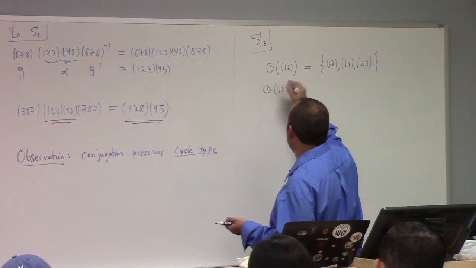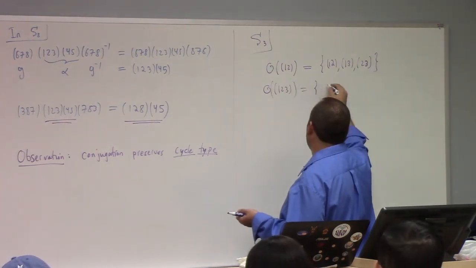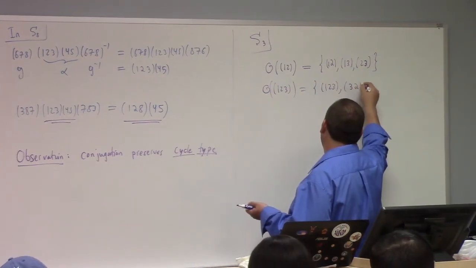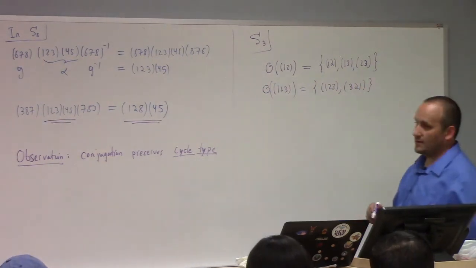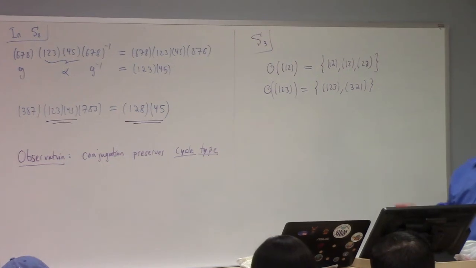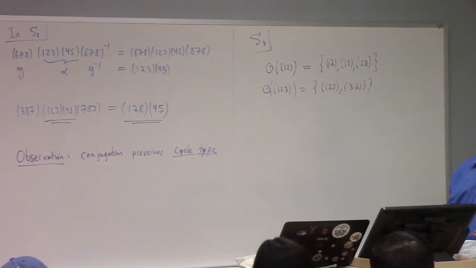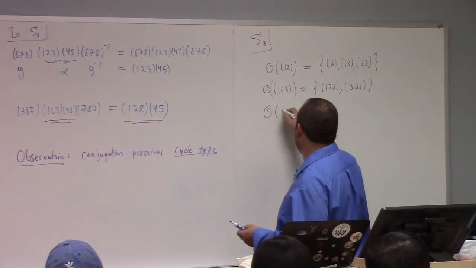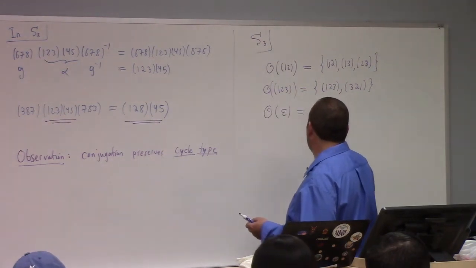If I look at the orbit of 1, 2, 3, I get all 3 cycles, and how many of those are there? There's just 2 of them. Was there anything else in S3? We have the identity, which there's just one of.